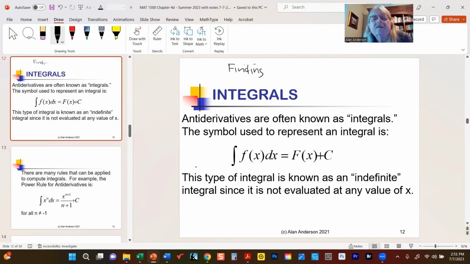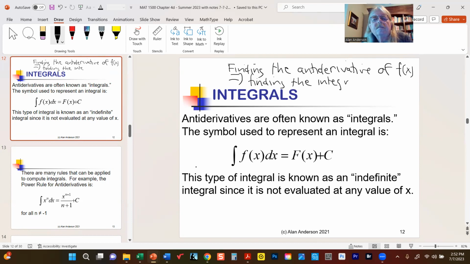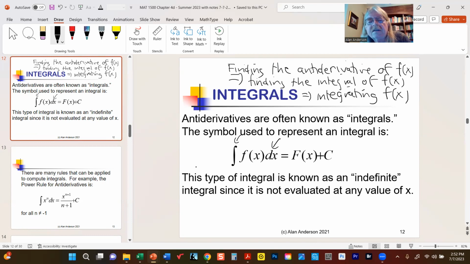Finding the antiderivative of f of x is the same thing as saying finding the integral of f of x, or sometimes we say integrating f of x. And the symbol we use for that is this thing. And also, when you take an integral like this, we need this extra term dx.